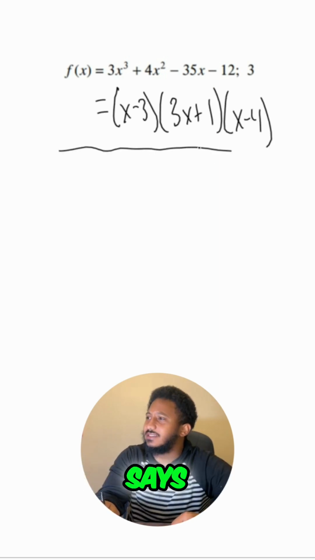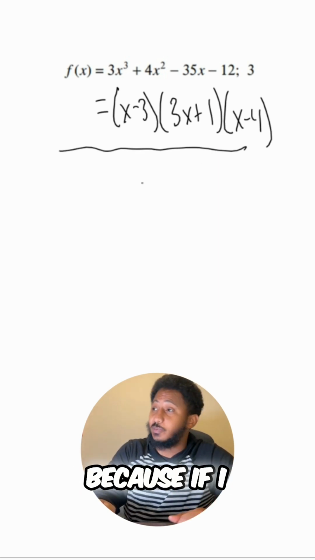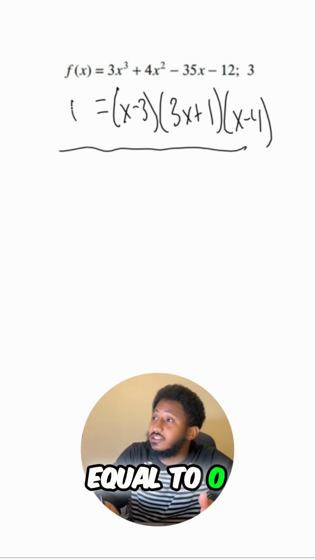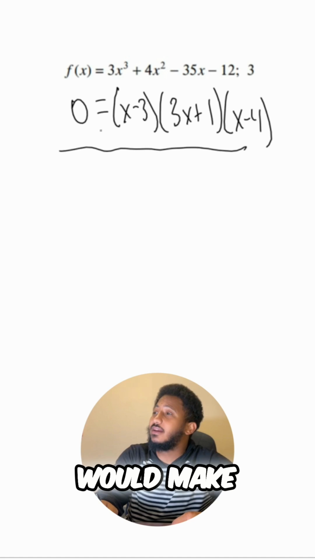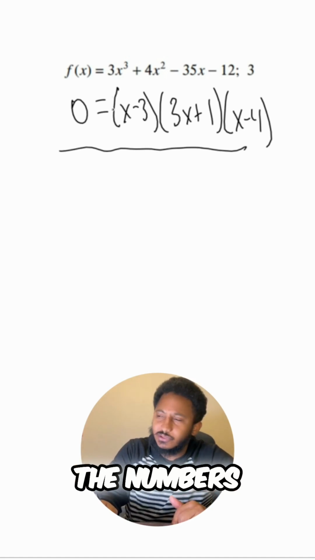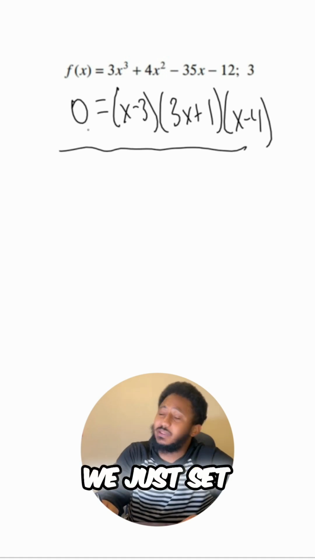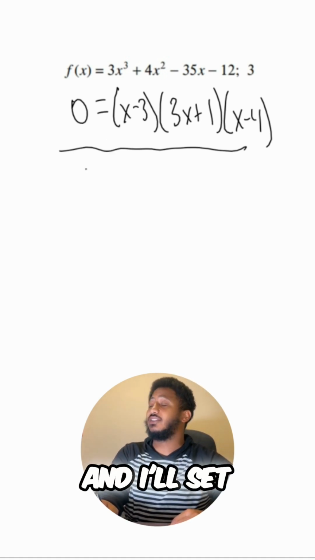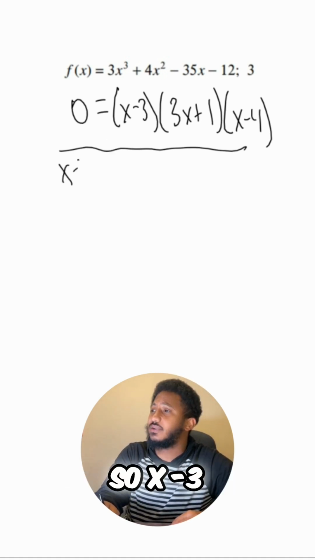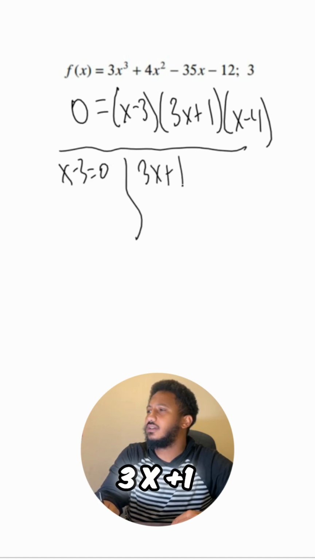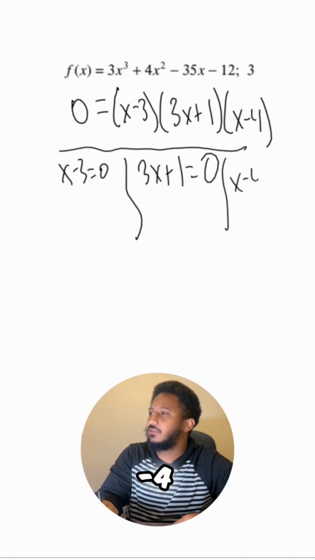But it also says find the zeros. They're called zeros because if I plug in the numbers, this would make the function equal to 0. So to find the zeros, we just set the function equal to 0, and now set each factor equal to 0. So x minus 3 equals 0, 3x plus 1 equals 0, and x minus 4 equals 0.